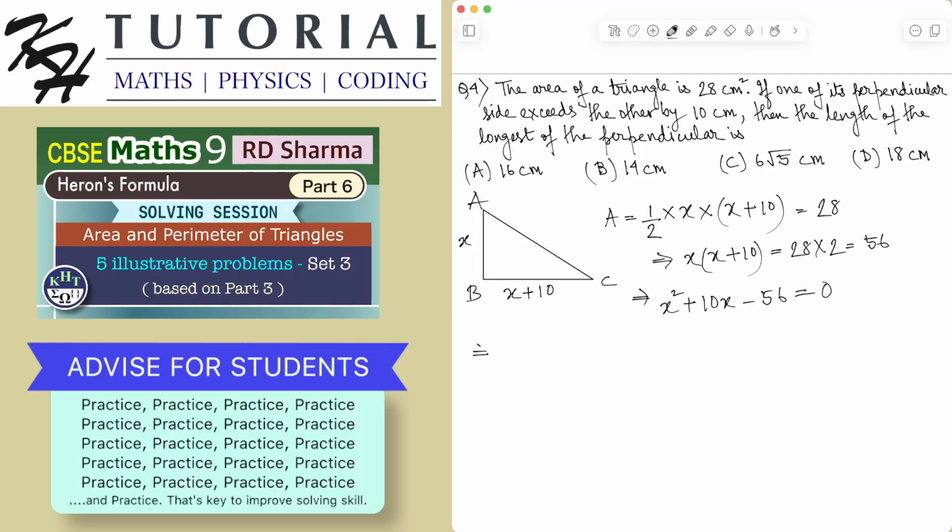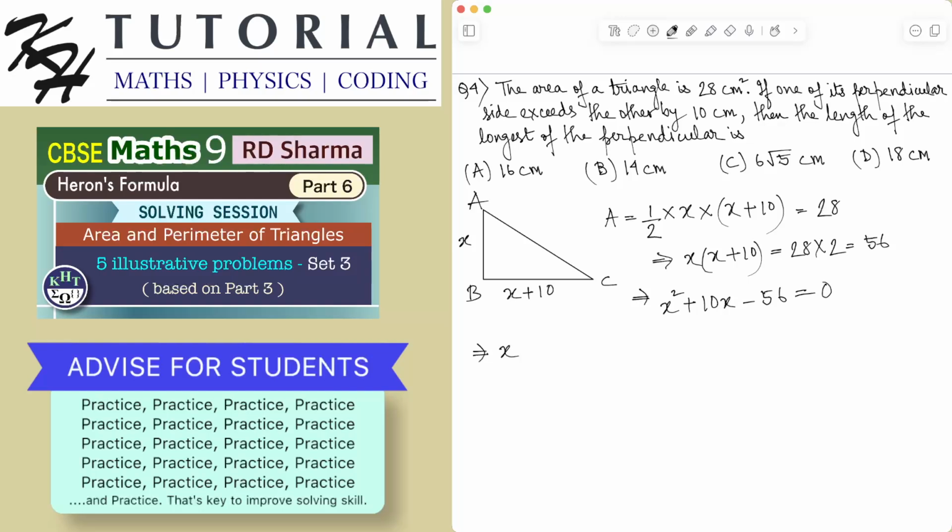So this implies, can we factor 10x, 56? What are the factors of 56? 7, 8, no. 28, 2, no. 14, 4, yes. 14, 4 will work out, yes.